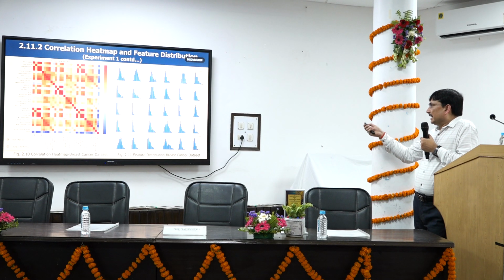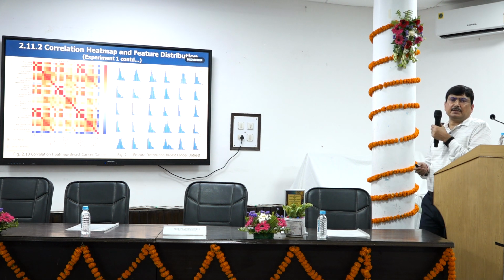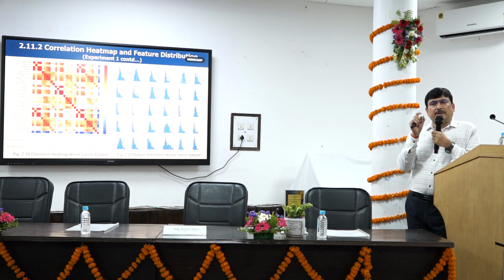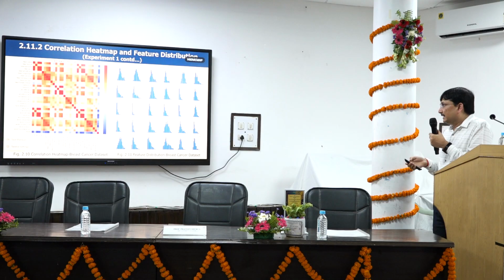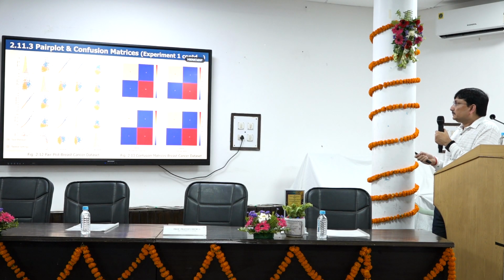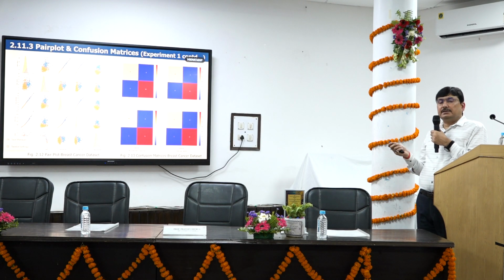Similarly, we have the feature distribution. Feature distribution basically means that if there are certain values in a specific feature, 0 to 5, what is the count? 5 to 10, what is the count? That is expressed here in the feature distribution. The pair plot just shows the relationship between two attributes.